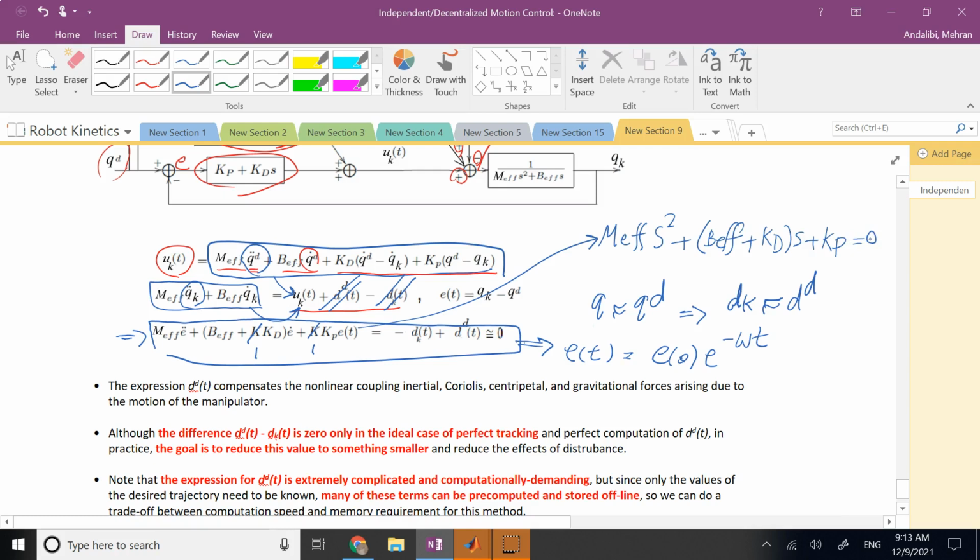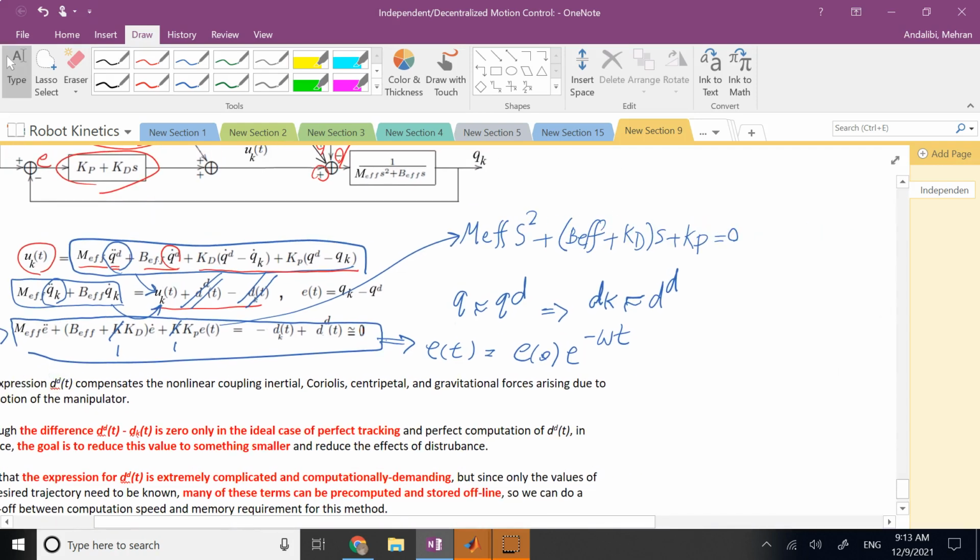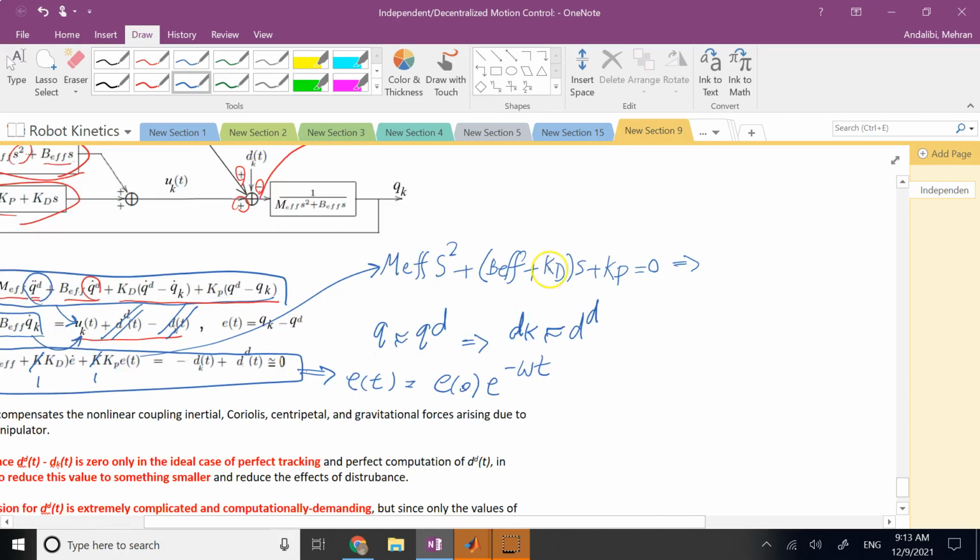Right? If I choose my kp and kd properly, so that both roots of the characteristic equation are equal to negative omega, then this is your solution, right? So here I want both of my roots to be omega, so I want this to be corresponding to what? To m effective times s minus omega squared.